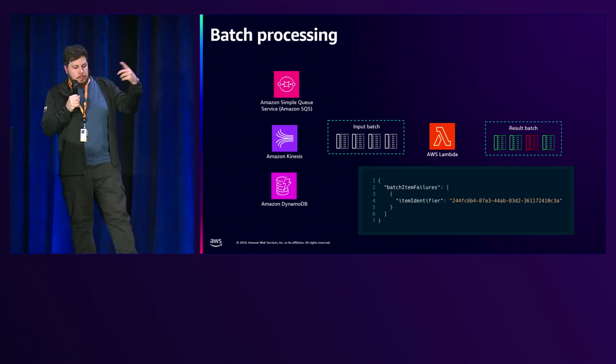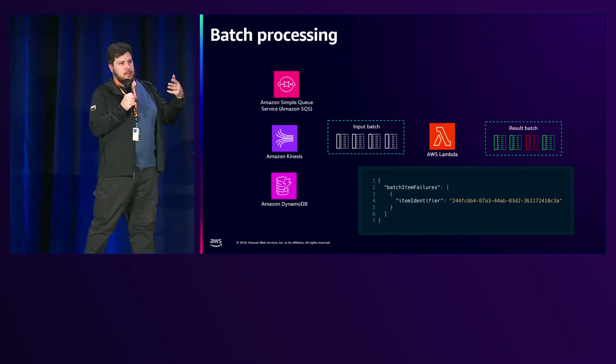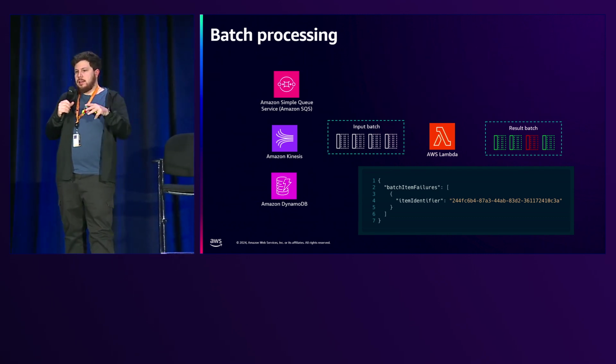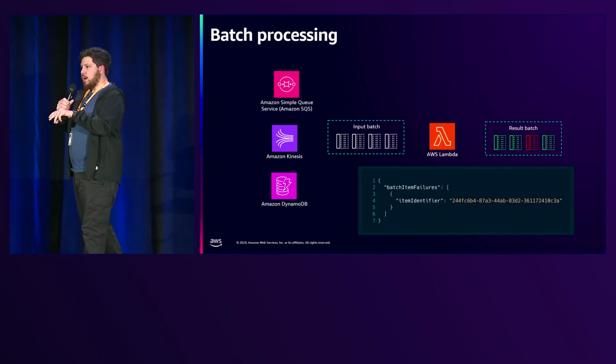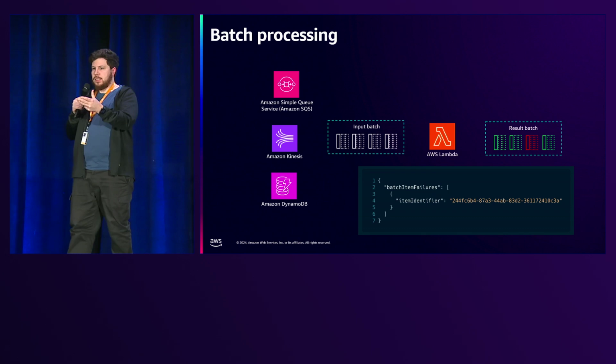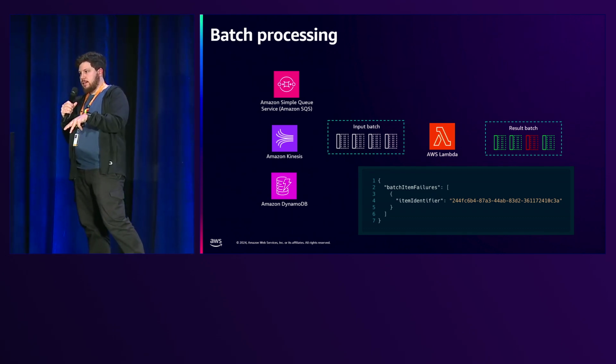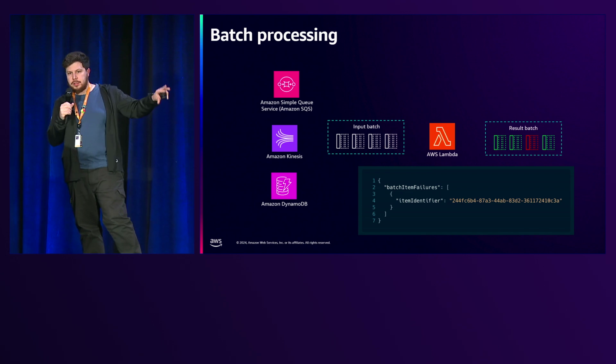If you enable partial failures, you can essentially tell Lambda, hey, I'm going to return only the identifiers of the items that failed, so that you can consider the others as successful and remove them from the stream.